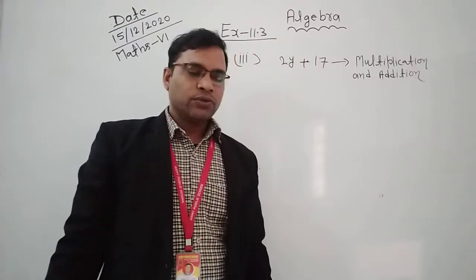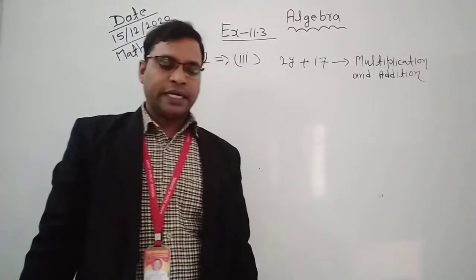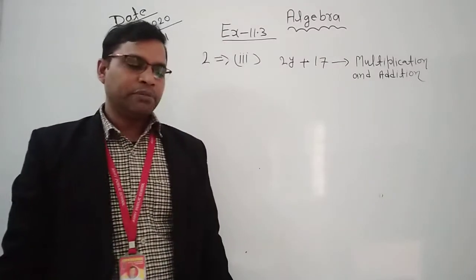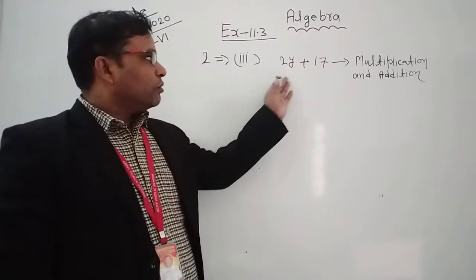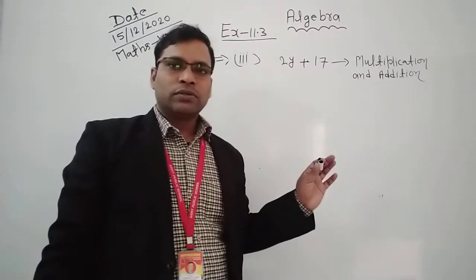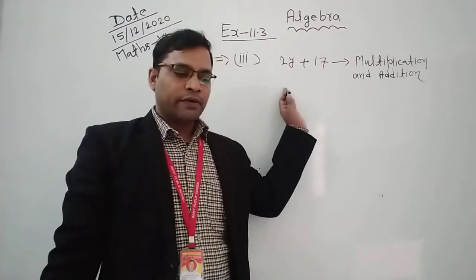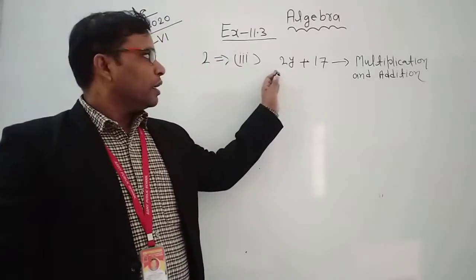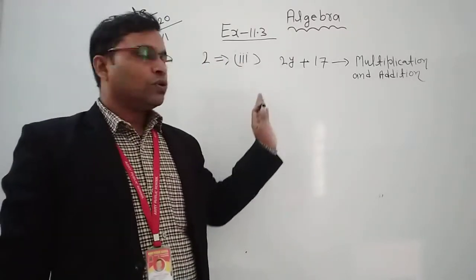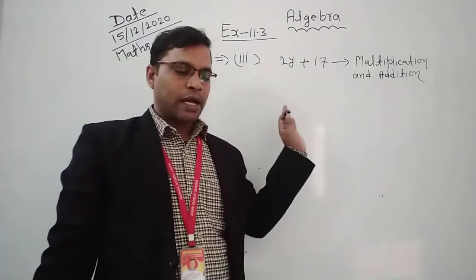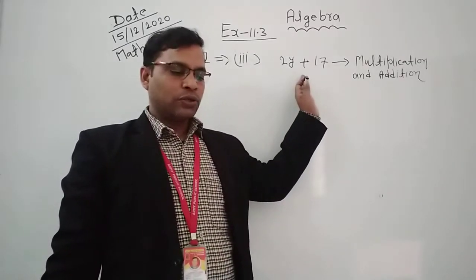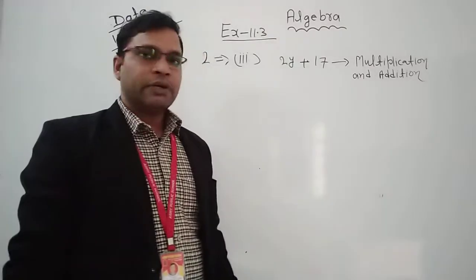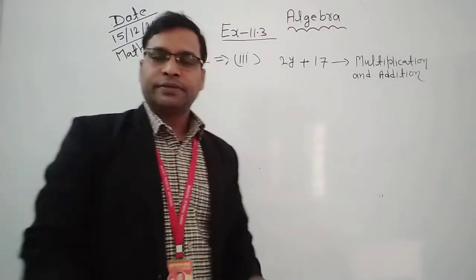After this we need to write how the expression has been formed. So we write first y multiplied by 2. After this, 17 is added to the product.